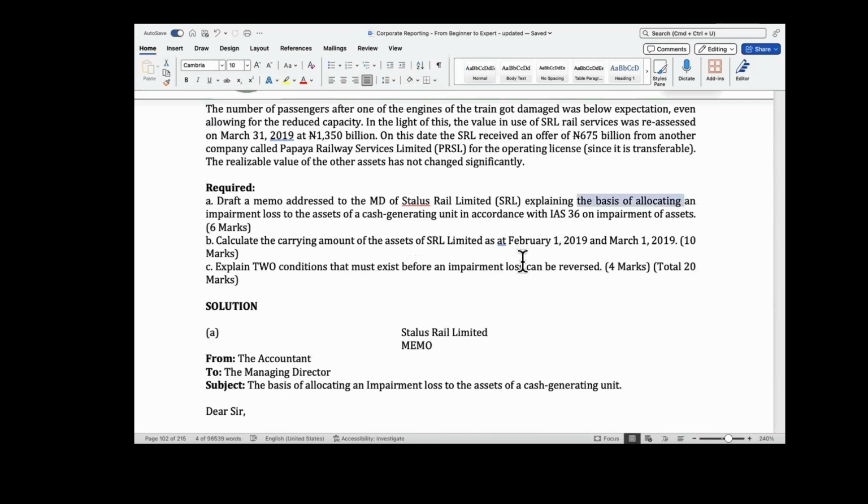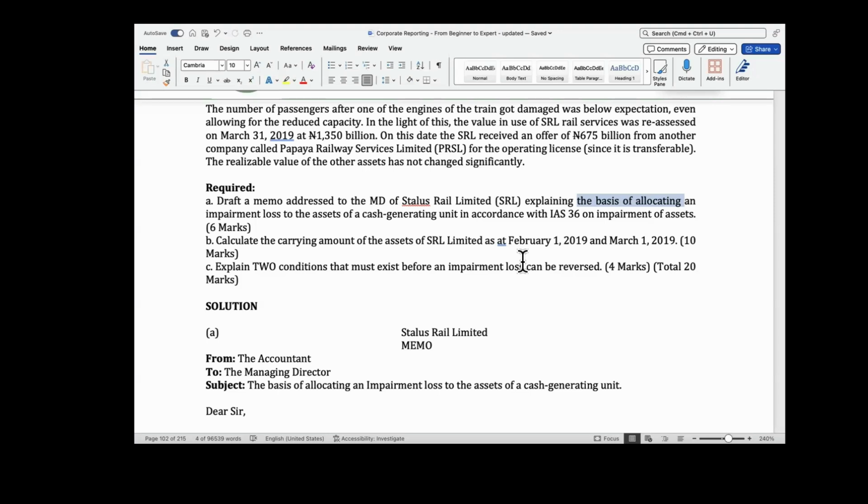And you already know that the first is to physically damaged assets, next is to goodwill, then next is to other assets on a pro rata basis, right? And if the examiner specifically mentioned that a current asset has been impaired, then you allocate impairment loss to it too.